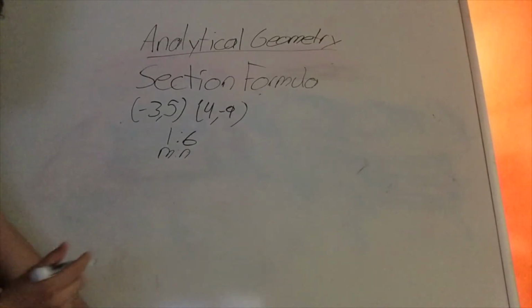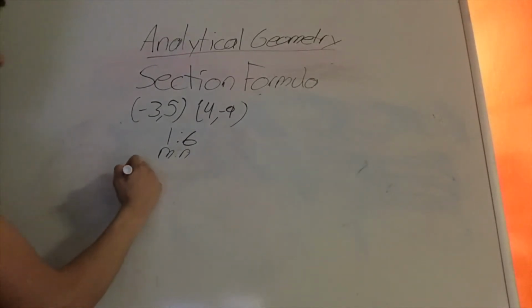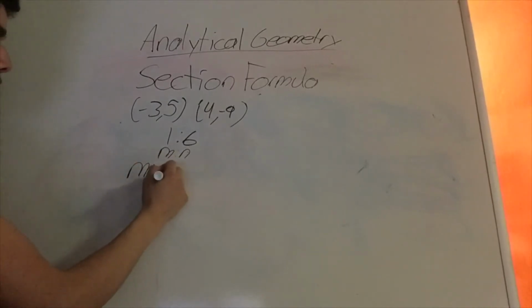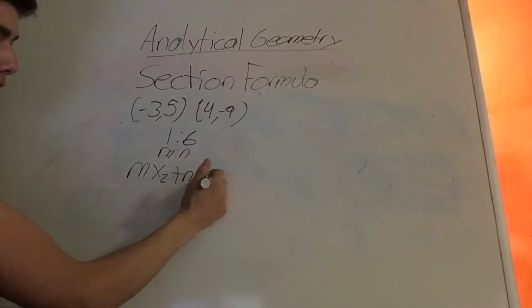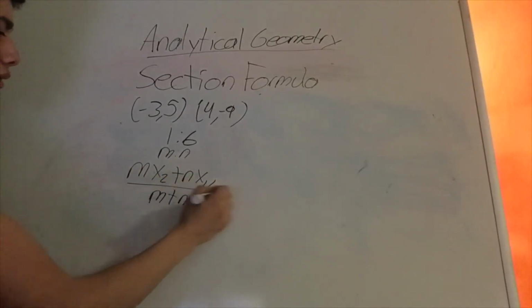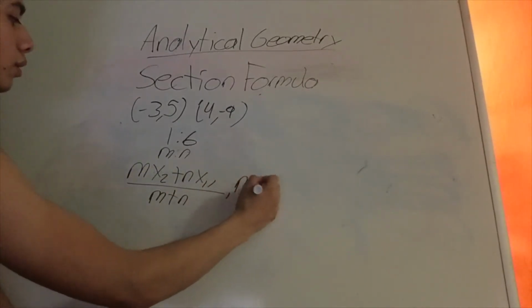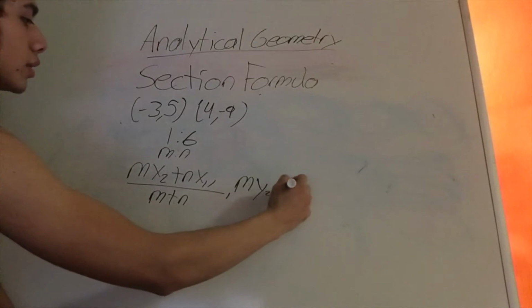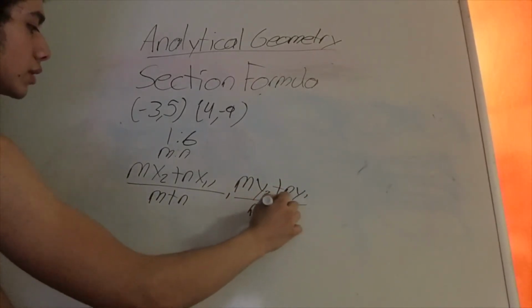The formula is as follows: mx2 plus nx1 over m plus n, and that's just for the x, and then it'd be my2 plus ny1 over m plus n.